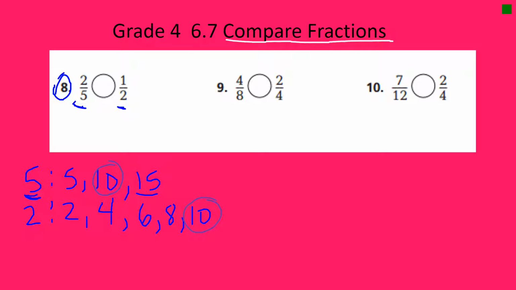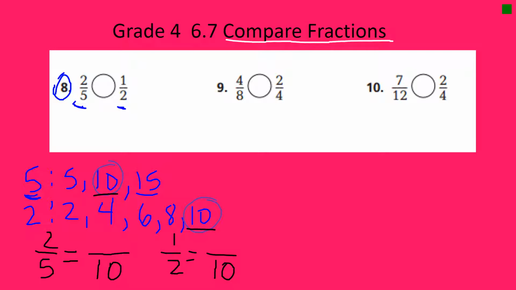Okay, so let's look at 2/5. We can make 2/5 an equivalent fraction that has 10 in the denominator, and we can make half an equivalent fraction with 10 in the denominator. Okay, because we just learned that 10 is a multiple of both 5 and 2.